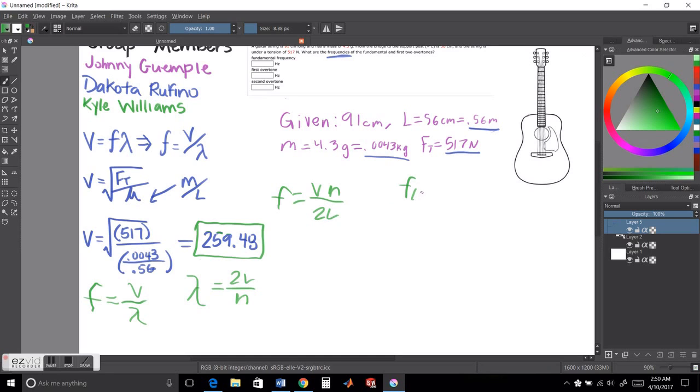For our first harmonic, you're going to get f sub 1 equals 259.48 times 1 all over 2 times 0.56, which is our length. That's going to equal 231.678.